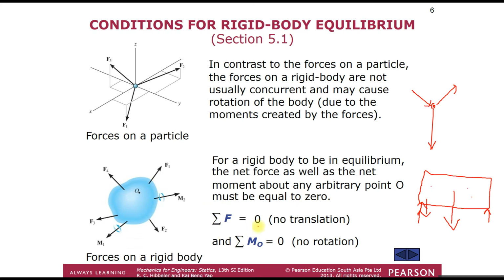Meaning the total forces, whether in the x-axis, y-axis or z-axis, the total summation of force must be zero, meaning it is not moving in any direction. It is static, and its total moment, rotation, is zero, meaning the rigid body is not in rotation. It's not moving in a rotation.